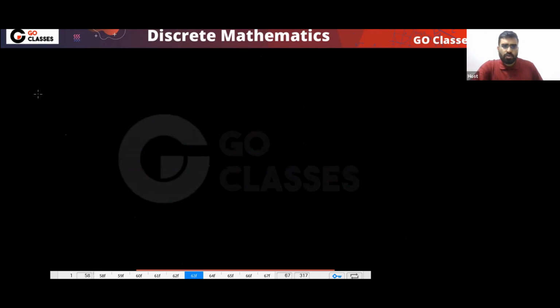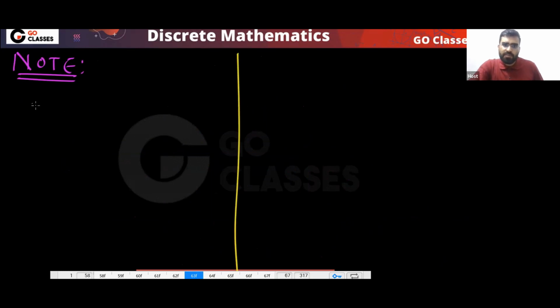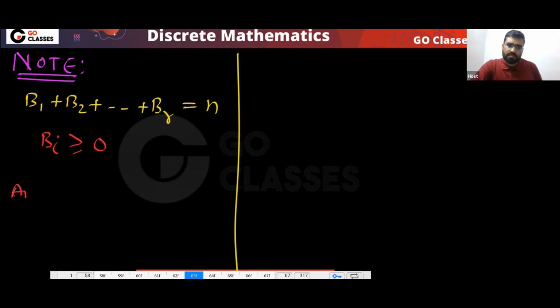Okay, is this clear? Here we will take a note, because many times this is important. Whenever you have this type of equation, like b1 plus b2 plus up to br equals n, such that bi is greater than or equal to 0, then what will be the formula?